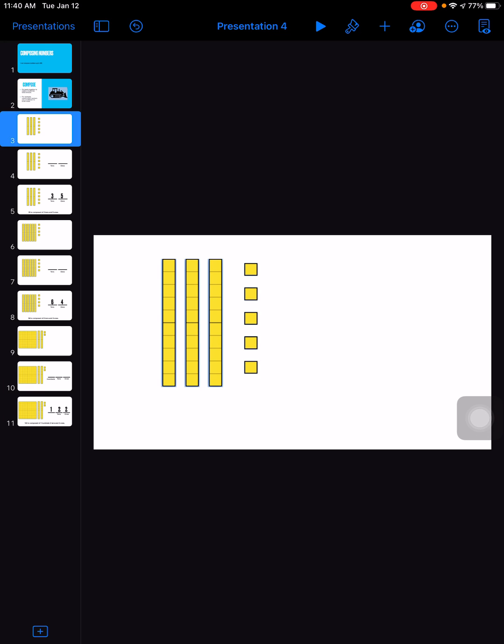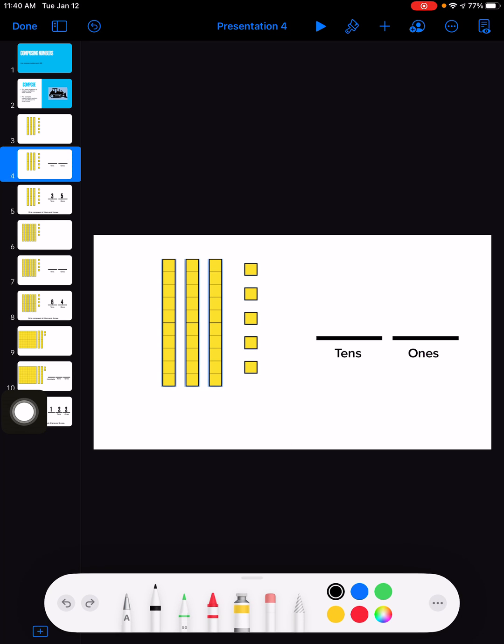Looking at this amount right here, I can see that this number is composed of tens and ones, two place values. I see that the tens blocks here, there are 1, 2, 3. There are 3 tens blocks. I also notice that my ones, I have 1, 2, 3, 4, 5 ones cubes.